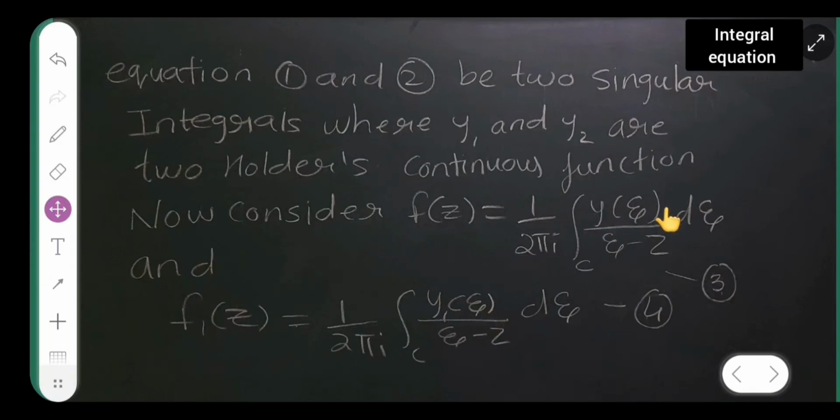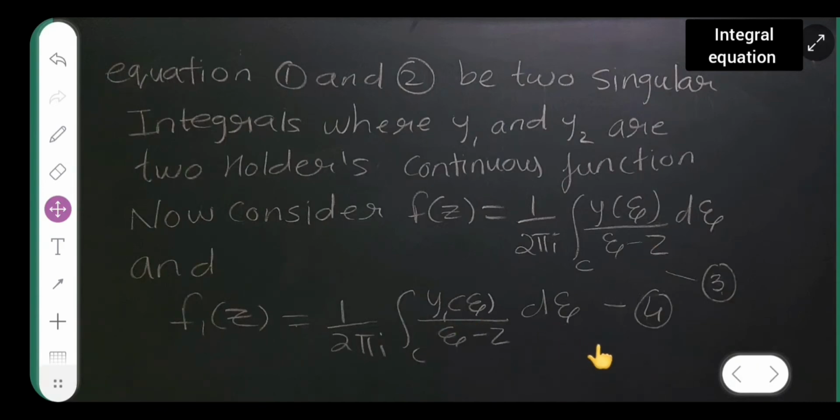Here, just y of xi was there, now y1 of xi. Just don't forget to put the dash like this, okay? I have not put it, but you all can put it. I just forgot. Anyways, take it as 3 and 4.